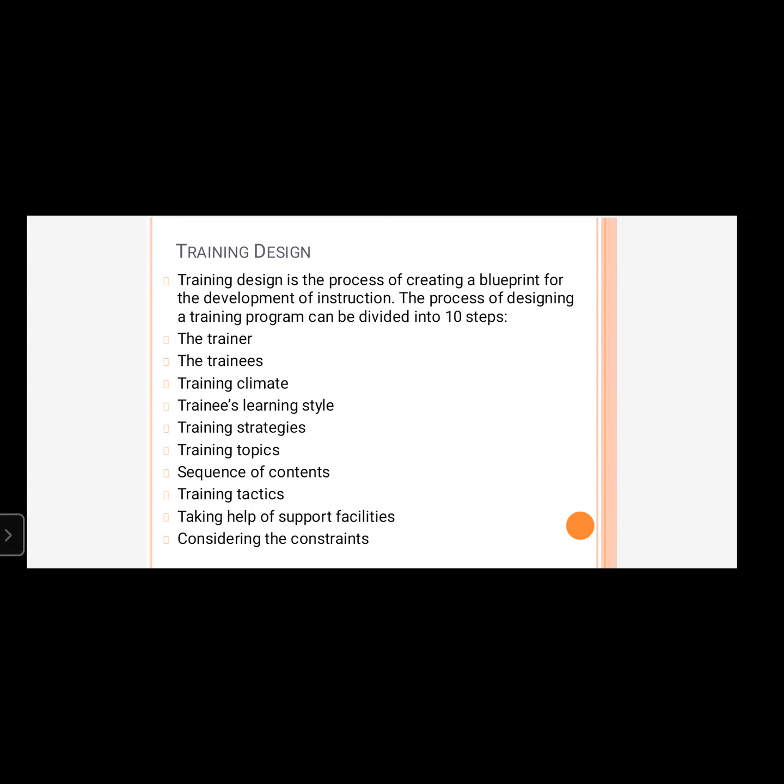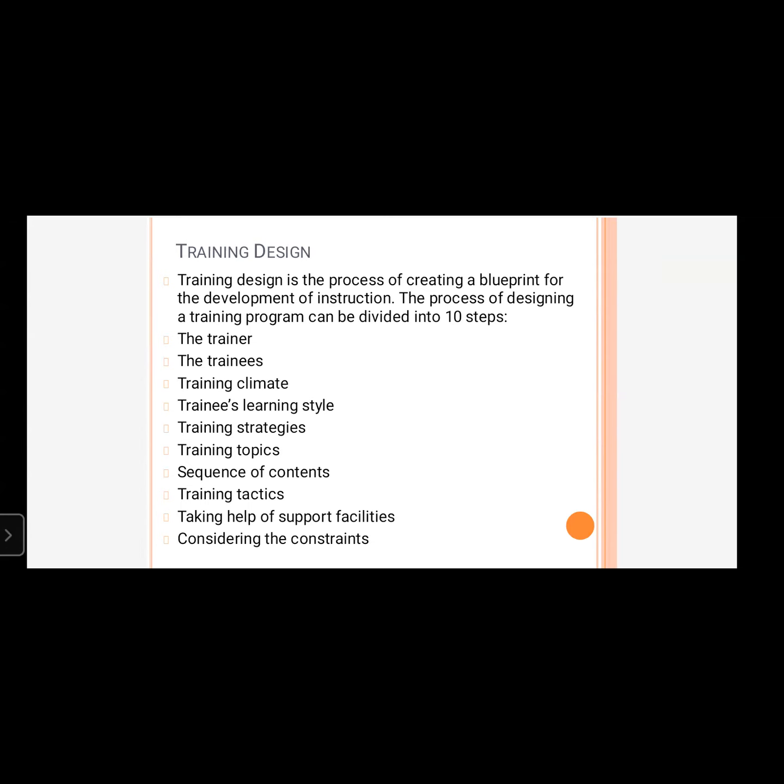Say use of magnetic boards, use of blackboard, use of PowerPoint presentation, or use of printouts, or use of handouts. So these type of support facilities we are talking about. So that is called taking help of support facilities.